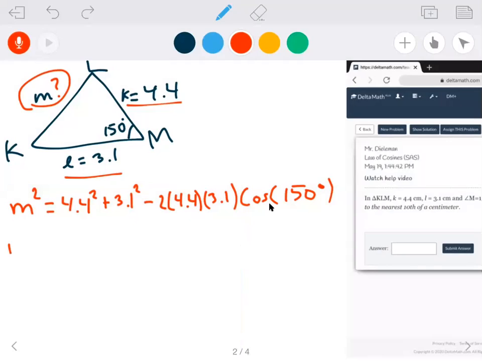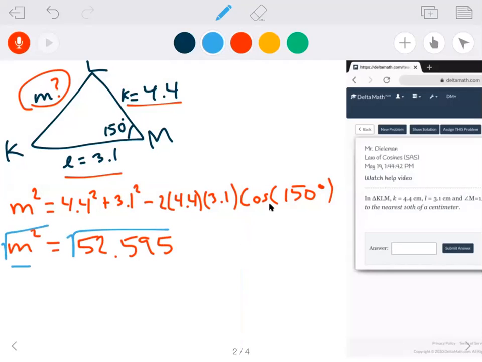So this is what we get. We get m squared equals 52.595, and we're trying to solve for m. So what do I need to do to both sides to get m by itself? I should take the square root.